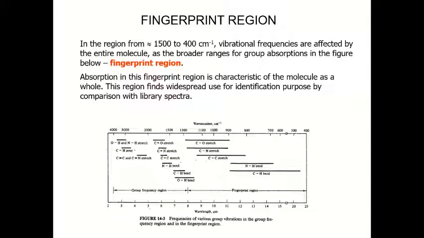As I mentioned, we have fingerprint regions for the different functional groups, right? In the region from 1,500 to 400 inverse centimeters, vibrational frequencies are affected by the entire molecule, as the broadest ranges for our absorption in the figure below, which are the fingerprint regions, right?